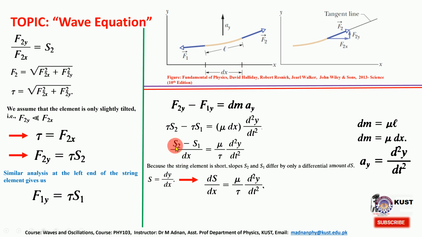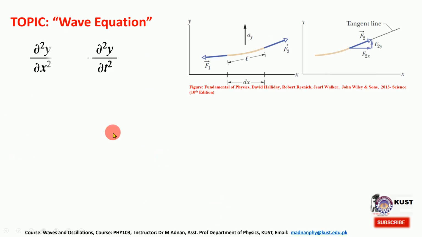Now, writing this S2 minus S1 as dS, as I told you, and then instead of this S, we can write dy over dx, so that we will have d squared y over dx squared, just to complete it here, so that we will be left with this general form.